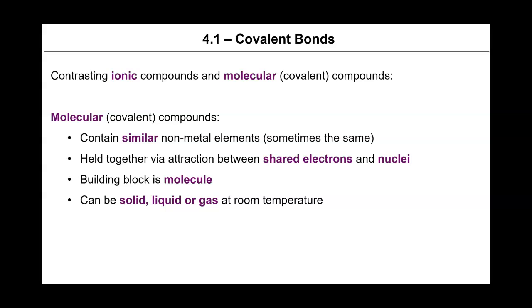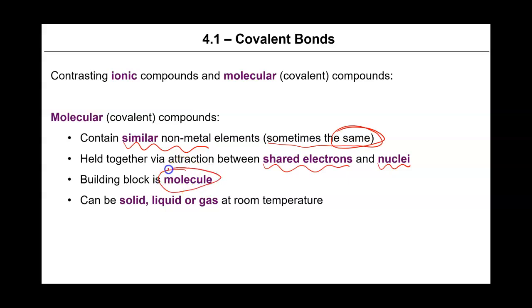In contrast, molecular, or sometimes referred to as covalent compounds, are formed between similar non-metal elements. That is, the elements that are in the compound are close to one another on the periodic table. We'll see some molecules are actually formed by elements of the same type. What holds the atoms in molecules together are shared electrons and the attraction of the nuclei of the atoms to those shared electrons.